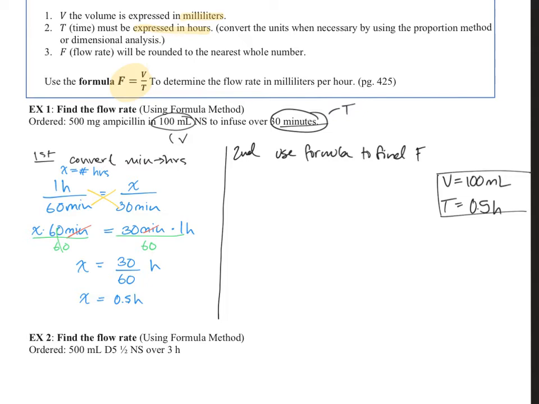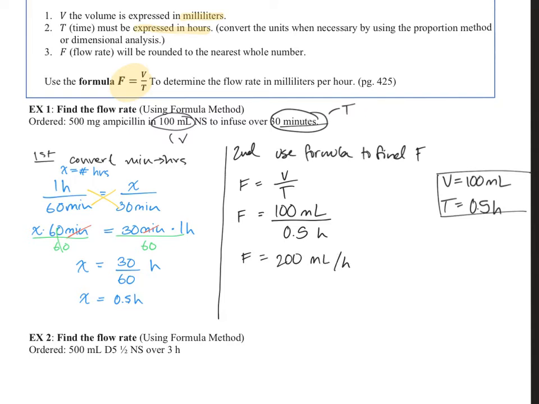So we're going to use our formula, which is right up here. Flow rate is volume divided by time, which our volume is 100 milliliters, and our time is 0.5 hours. And we can go ahead and simplify that, and we get 200 milliliters per hour.